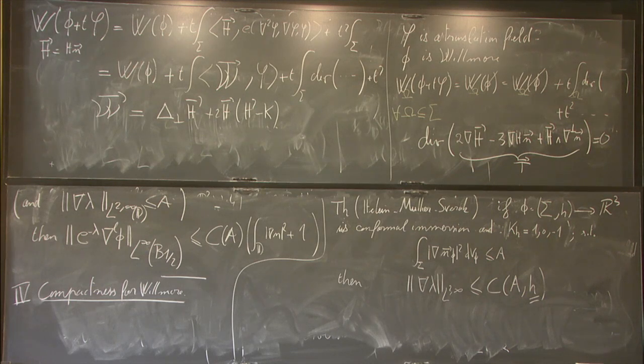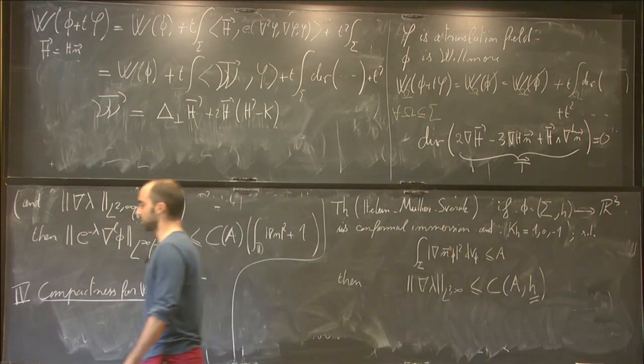And so since this is in L1, by interpolation you just need to control the gradient of the Green function in L2 infinity, and this is true. Of course the constant is going to depend on h, on the metric here, because the Green function depends on the metric. True, because the Green function has only one singularity, which is like 1 over r. And in fact, this space is the best space where you can have this estimate. This estimate is false in L2, but it's just true in L2 weak.